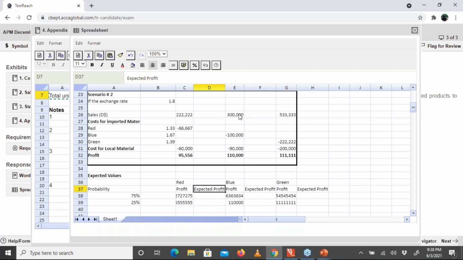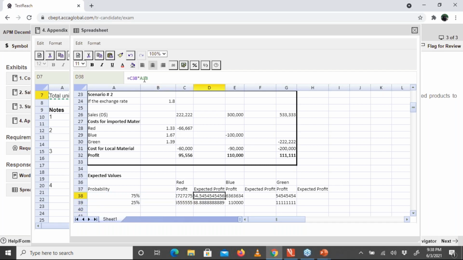Now what am I going to do? I'm going to calculate expected profit. How exactly am I going to do it? Just try to understand. I'm just going to say this is this multiplied by this, and this is again this multiplied by this.